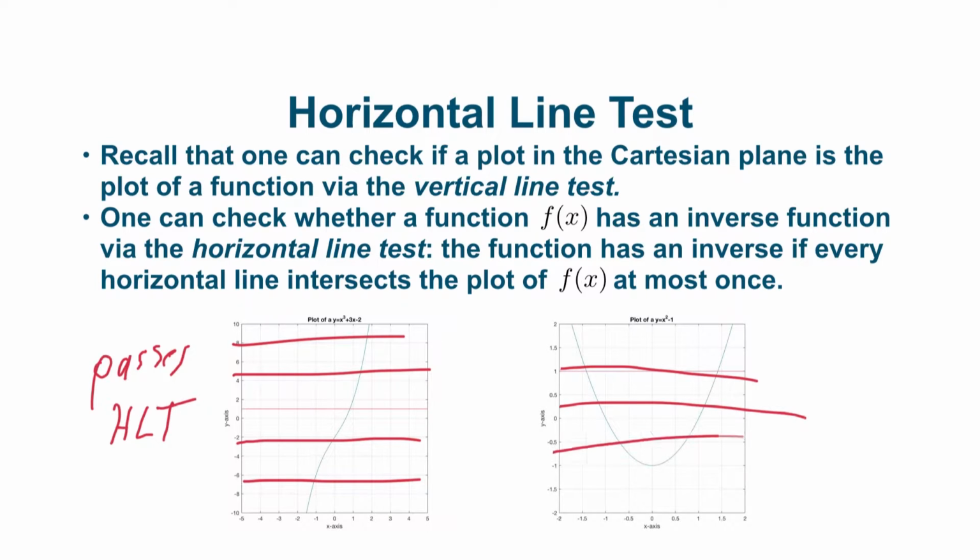This is a function. It passes the vertical line test. But almost every horizontal line that intersects the function intersects it at 2 points. So in fact, there's no inverse function on here. So look at these intersections that are not singular. So this fails the horizontal line test.